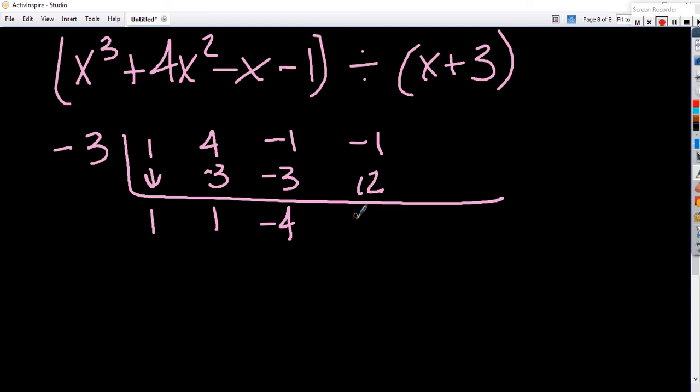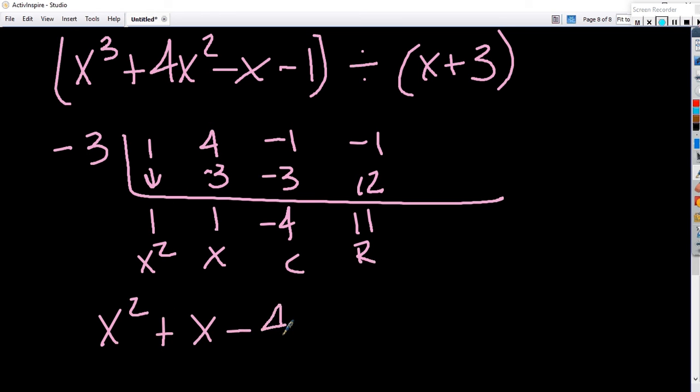Multiply. So the remainder's 11. This is remainder, constant, x squared, so you have to be able to interpret your answer when you do this. 1x squared plus x minus 4.